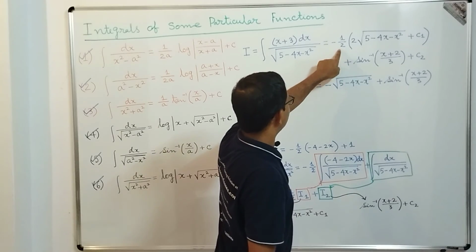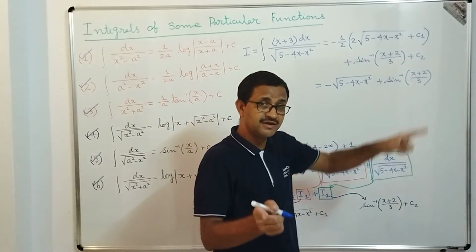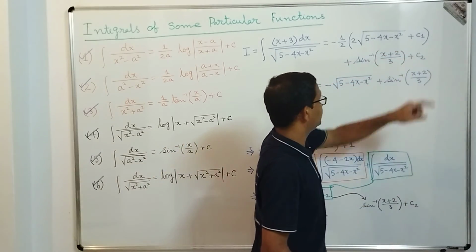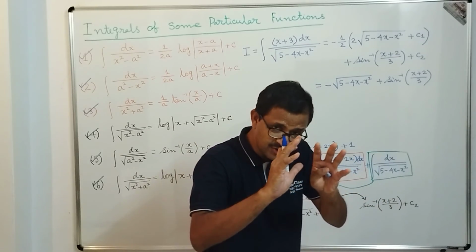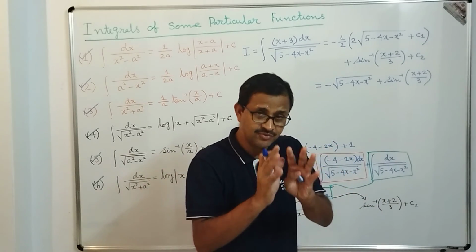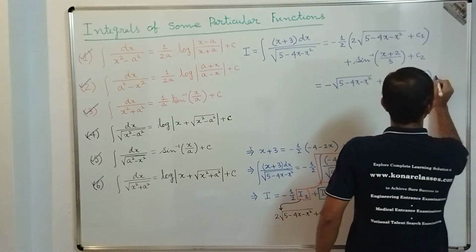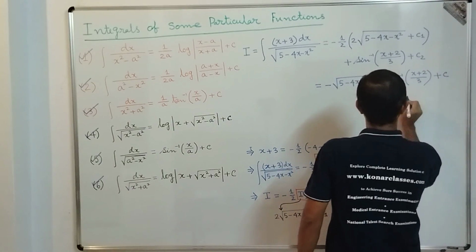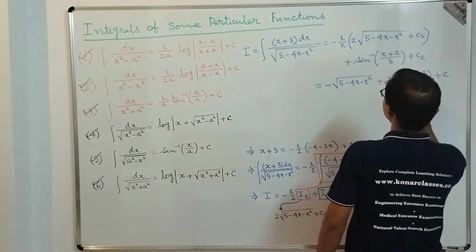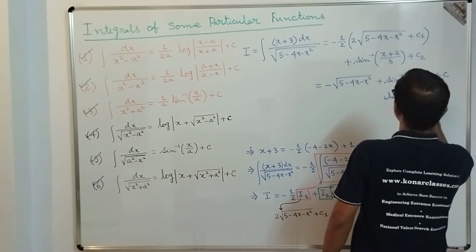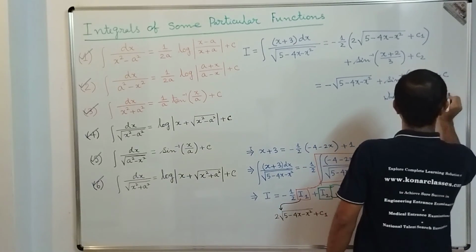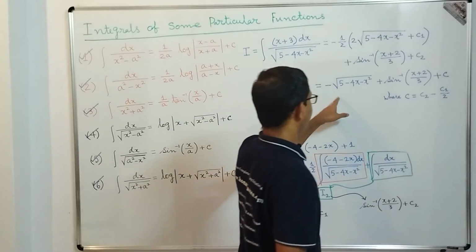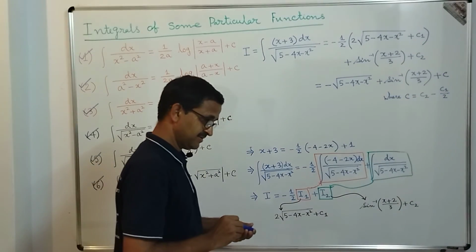Then minus 1 by 2 into c1, that is minus c1 by 2 plus c2, we can add together to get another constant called c. So we can write plus c, where c is equal to c2 minus c1 by 2, and this is the value of the integration as given.